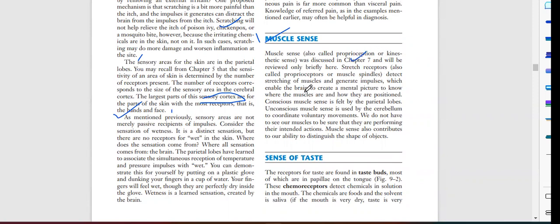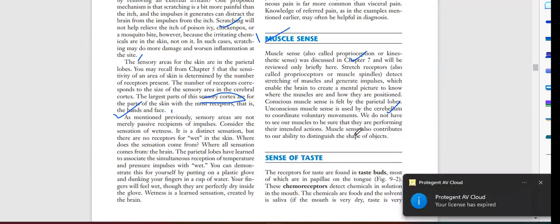Basically, muscle sense detects stretching of muscles and generates impulses which enable the brain to create a mental picture to know where the muscles are and how they are positioned. Conscious muscle sense is felt by the parietal lobe. Unconscious muscle sense is used by the cerebellum to coordinate voluntary movements. We do not have to see our muscles to be sure they are performing the intended action. Muscle sense also contributes to our ability to distinguish the shape of objects.